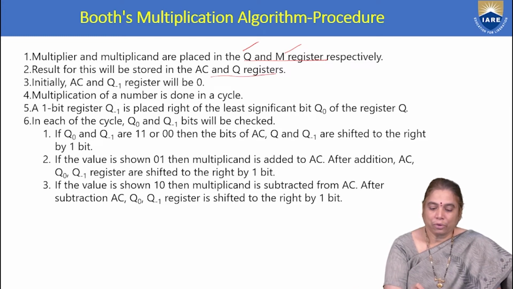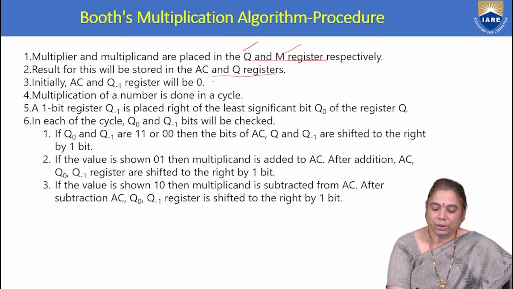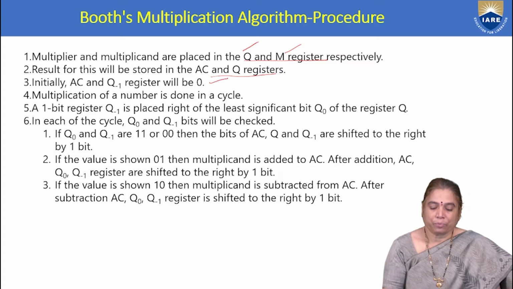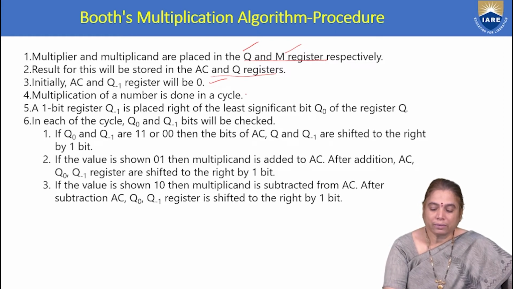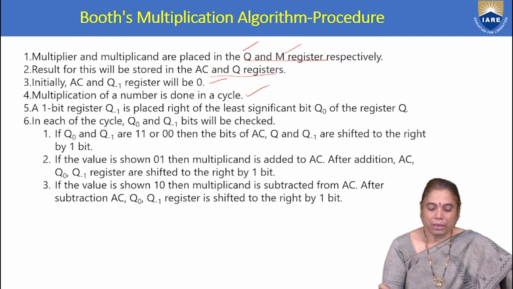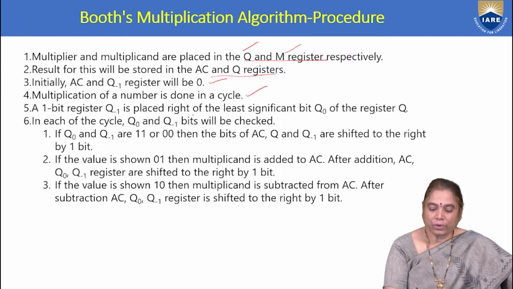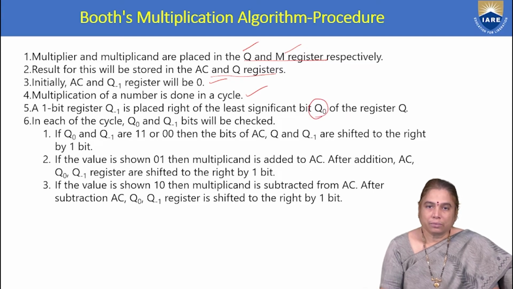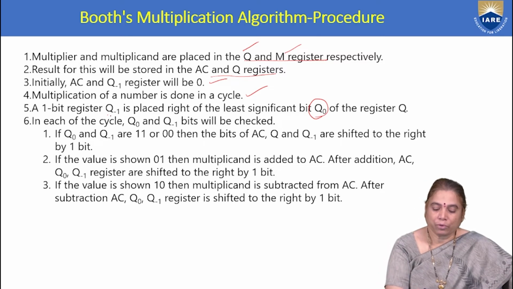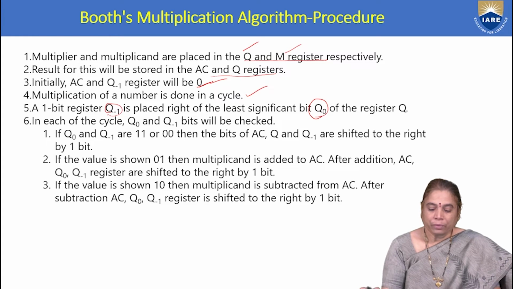Initially AC will be 0 and the Q1 register will be 0. Multiplication of a number is done in cycles. A 1 bit register Q1 is placed to the right of the multiplier's LSB Q0. Initially it has the value 0.